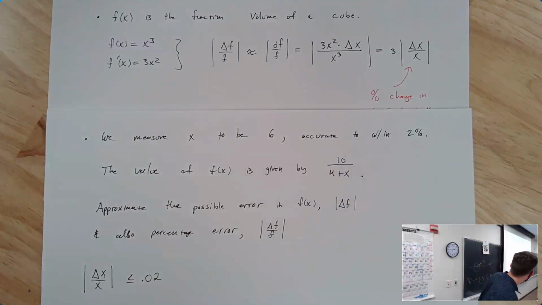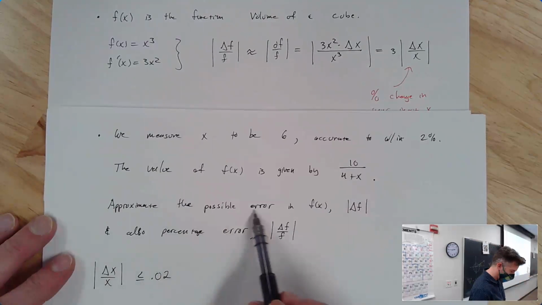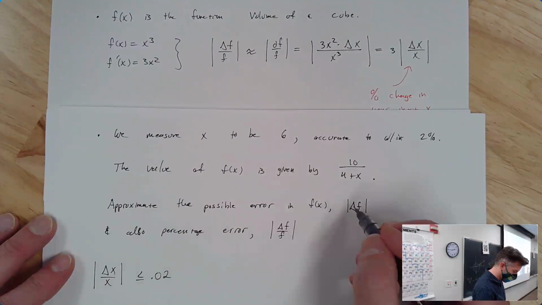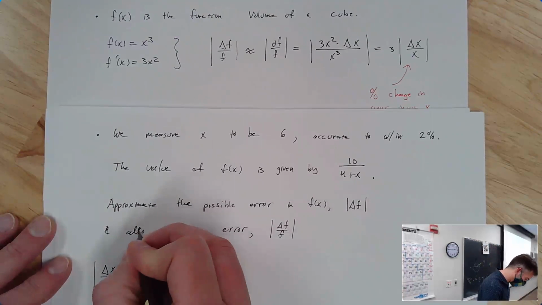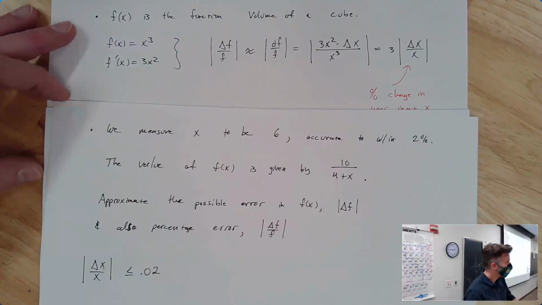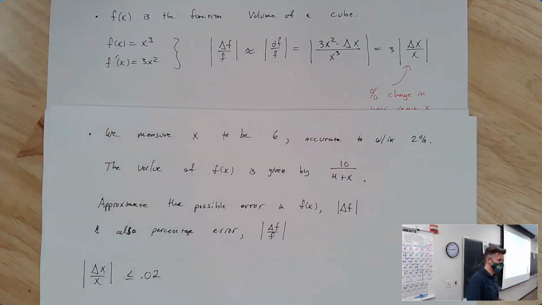Which part? Sure. Approximate the possible error in f of x, which I've written as the absolute value of delta f, and also the percentage error. Sorry, sometimes the writing is not excellent looking. Don't hesitate to ask me to clarify something.